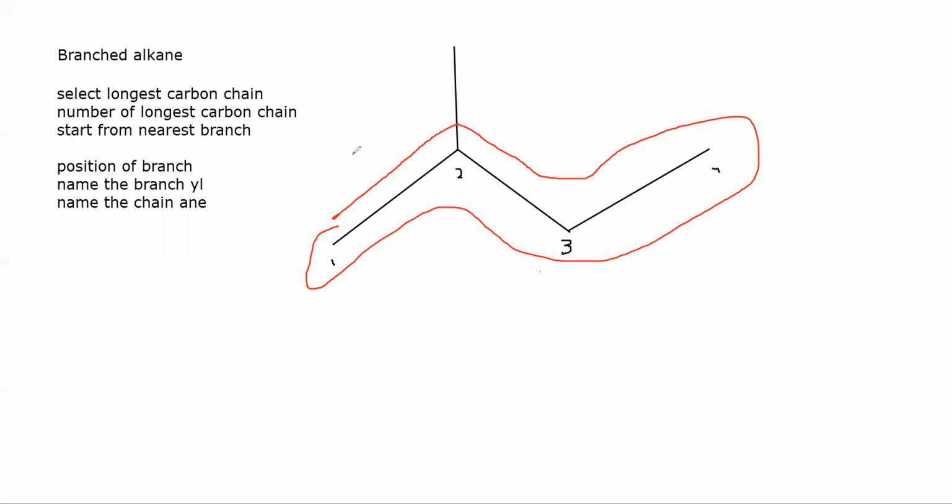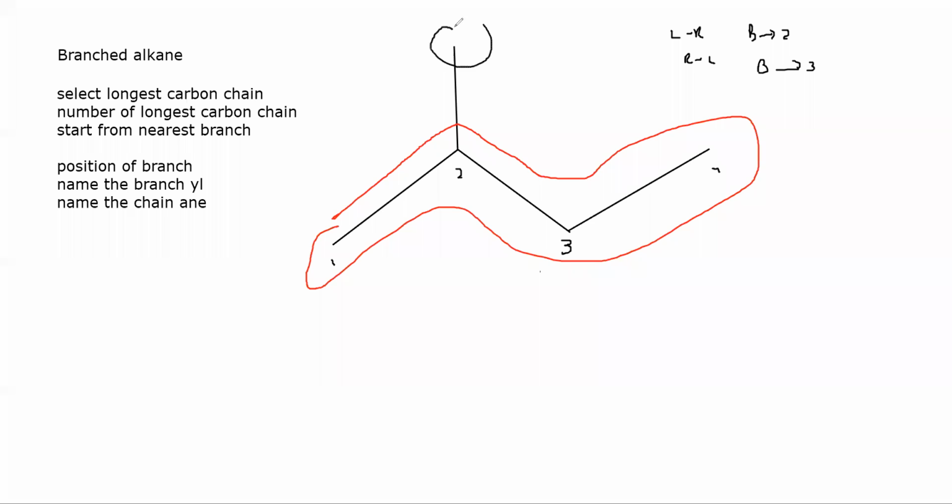So which numbering should I follow, left to right or right to left? Only one way we can follow. So it is left to right because the branch is coming at 2.